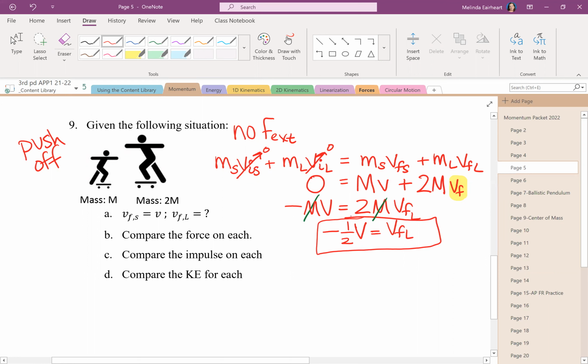Okay, compare the force on each. Already, and compare the impulse. I kind of gave it away. Compare your impulse on each. They have different masses, different velocities, but they're going to push off from each other. Compare the force of the push off on each other.